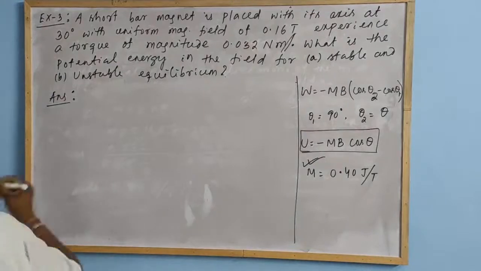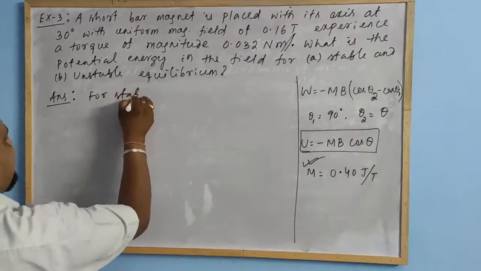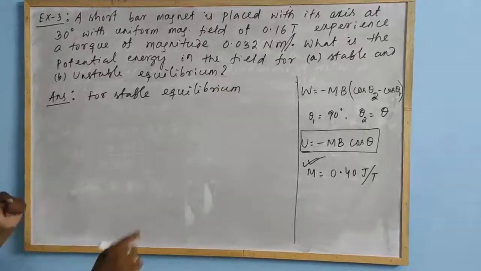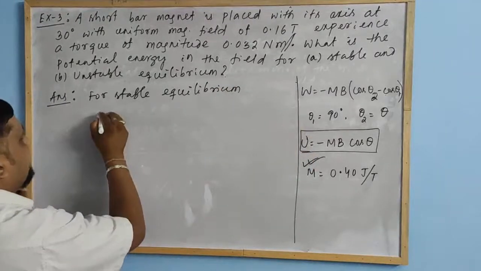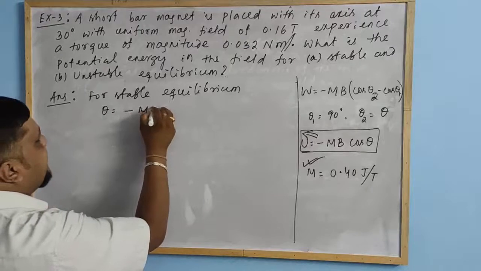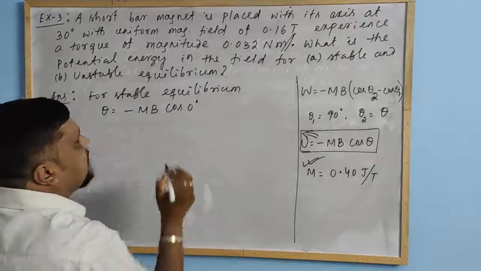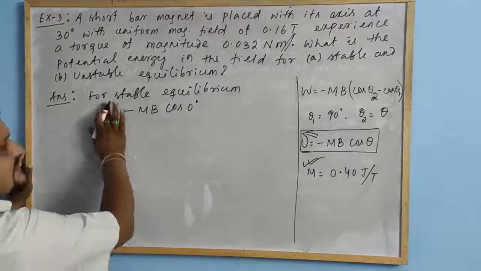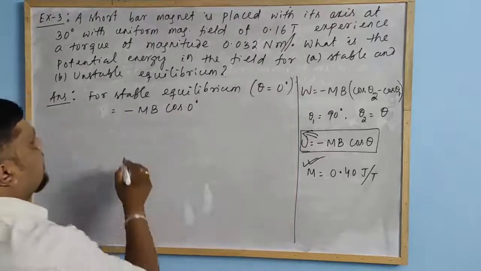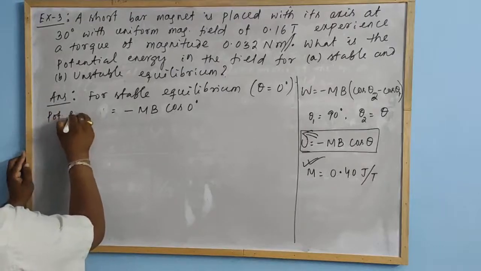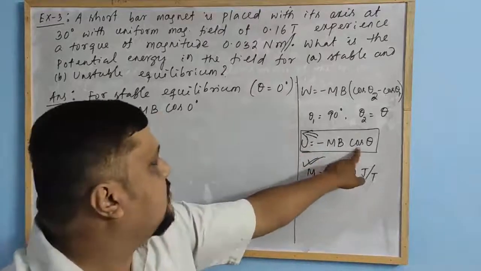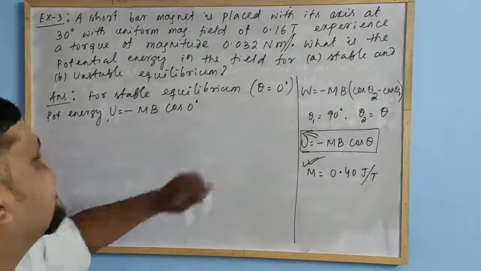Let me write stable equilibrium first. For stable equilibrium, theta is equal to 0 degrees. So the potential energy U is equal to minus mB cos 0.